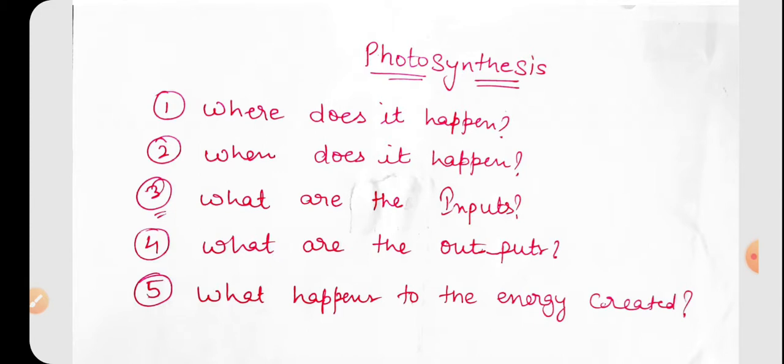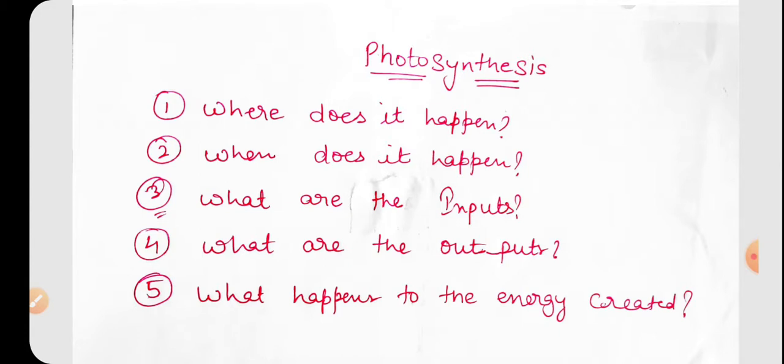So what are the inputs? If you remember the equation that we have studied, that was carbon dioxide plus water, in the presence of sunlight and chlorophyll, gives us glucose and oxygen. So what are the inputs? Inputs are the carbon dioxide and water, which are used by the plants as a raw material.